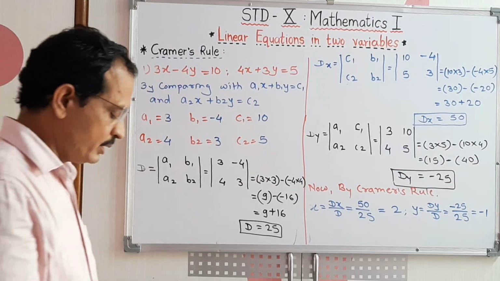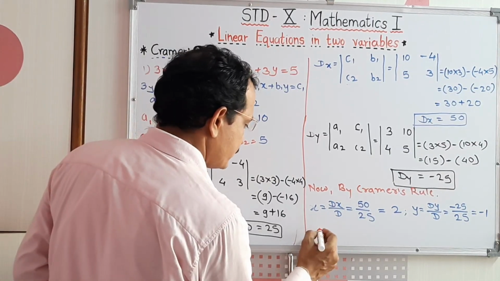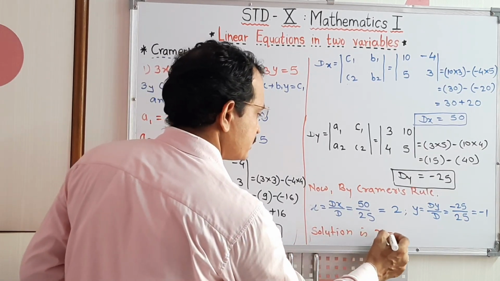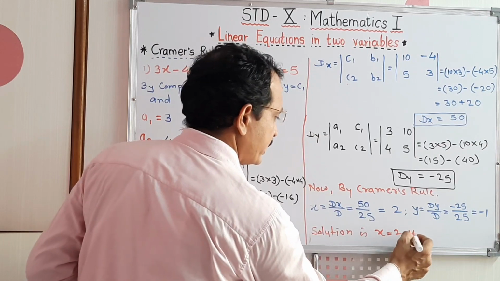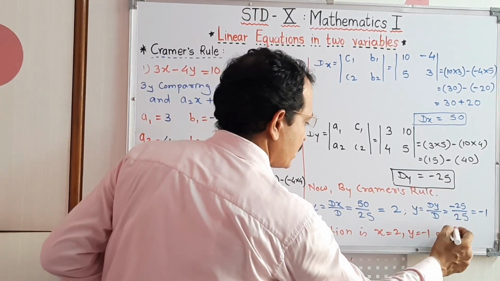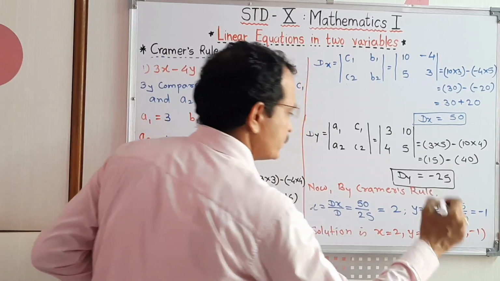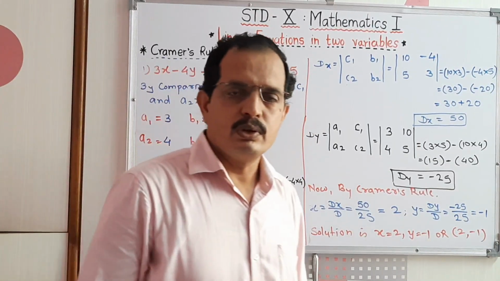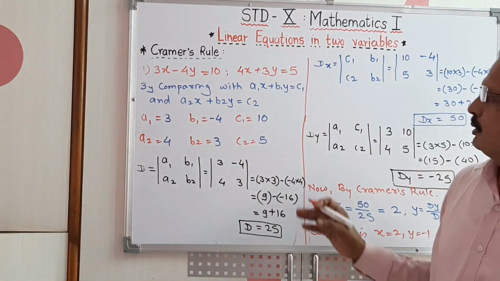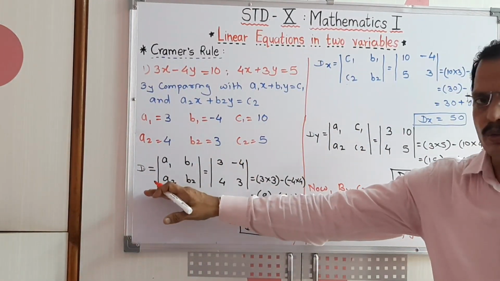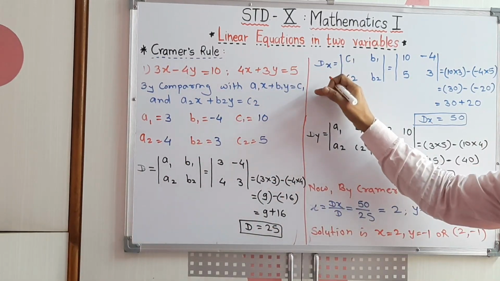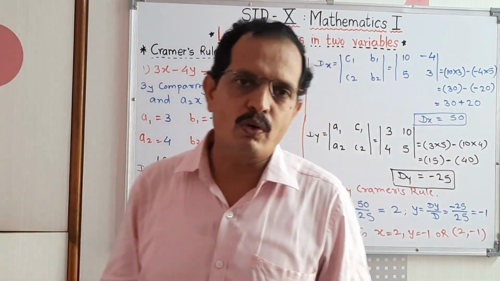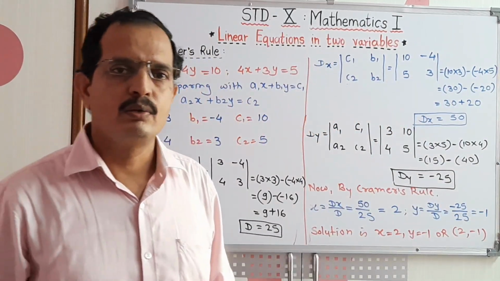Therefore, we have to write here the final answer, that is, the solution is x is equal to 2, y is equal to minus 1, or we can write 2 comma minus 1. Yes students, I think all of you understood this. Try to understand how to find out D, how to find out Dx, and how to find out Dy, and find out the values of variables x and y.